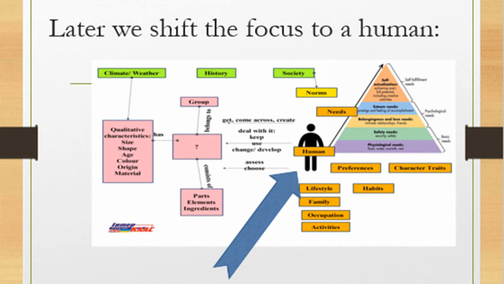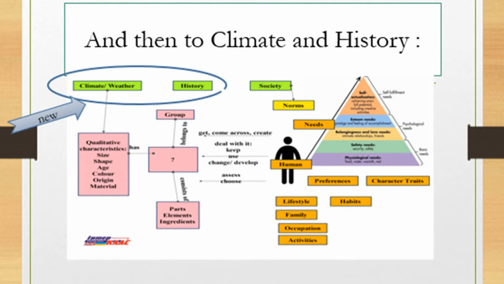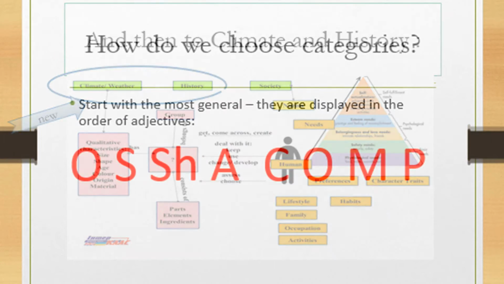And later, we shift the focus to climate and history, and we can explain, for example, adaptations, how humans live in different types of environment, how humans act in different types of environment, what they need, for example, for traveling, in different types of environment, and so on and so forth.